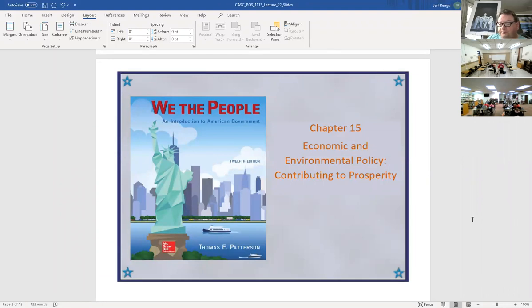The portion of the Constitution that this chapter would be examining is, "We the people of the United States, in order to ensure domestic tranquility."